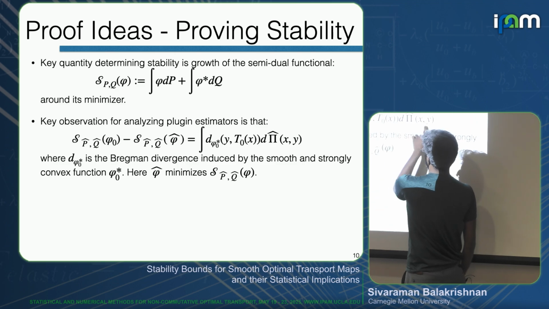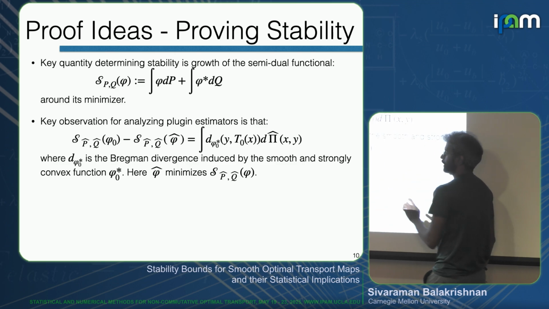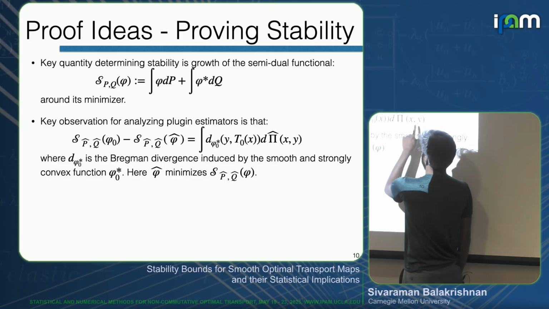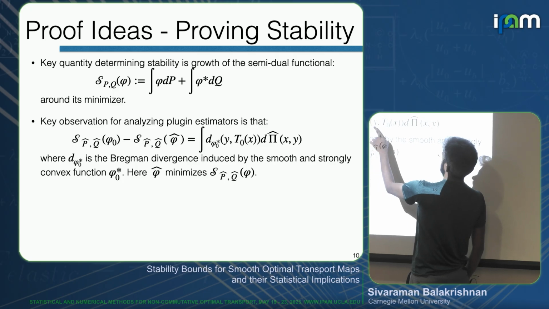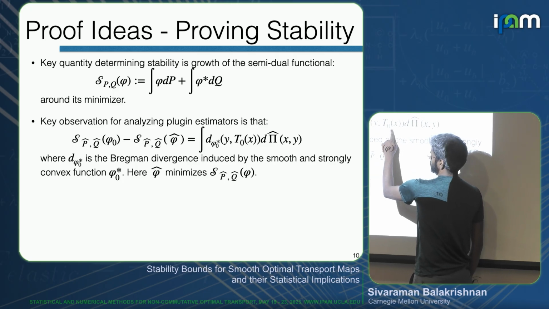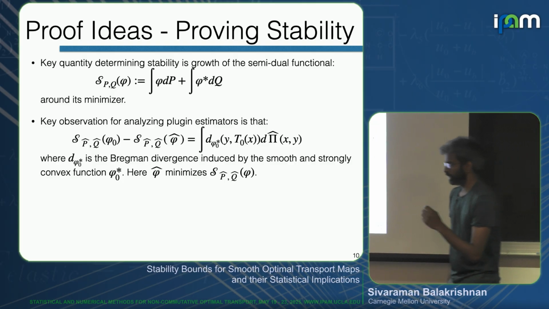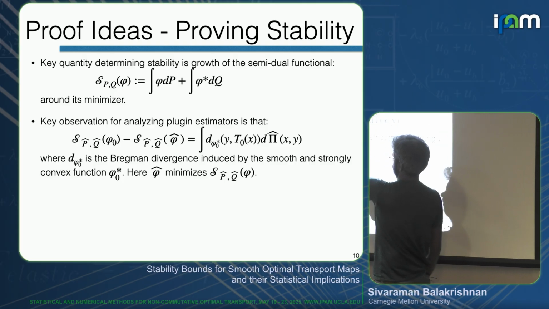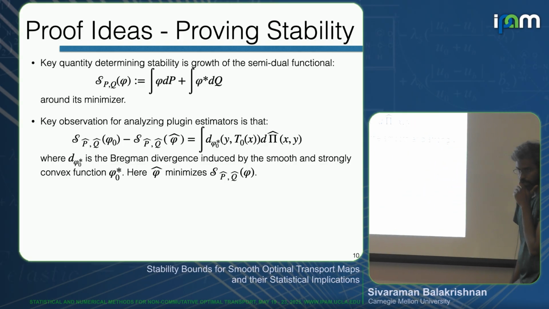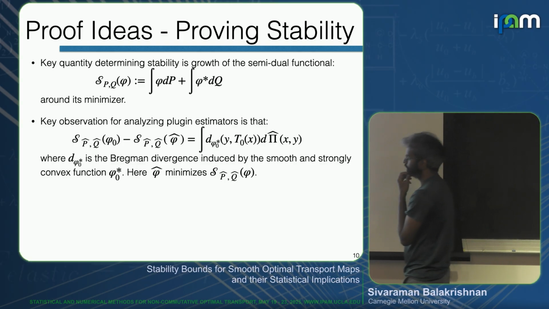It's an integrated Bregman divergence against this coupling pi hat. And it's measuring how far, think of this for now as t hat, and so it's saying something like, how far are t hat and t0 as measured by this Bregman divergence. And this Bregman divergence is the one that's induced by the conjugate phi 0 star. Okay, so there's this exact expression that one can derive.